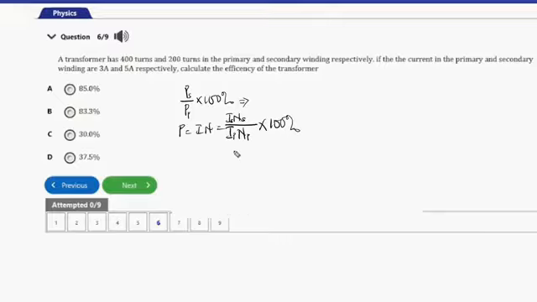The current for the secondary is 5 amps, and the number of turns for the secondary is 200, so that's 5 times 200 over 3 times 400, all times 100%. When we do this, we get 83.3333%, and that's 83.3%. That's option B. So that's it for this question.